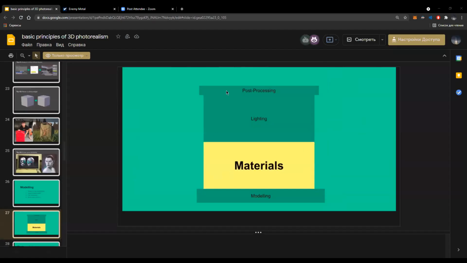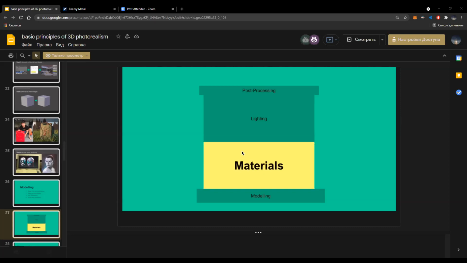Yes, materials is another important thing. If you spend 4 hours making keyboard graphics, you should put 2 hours into materials.